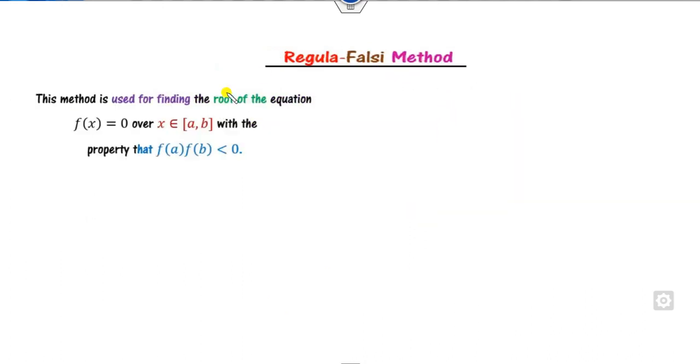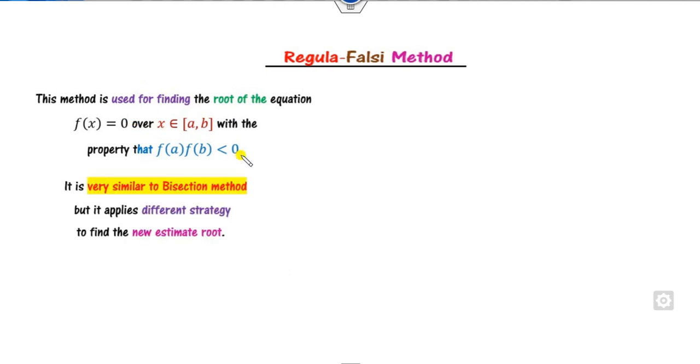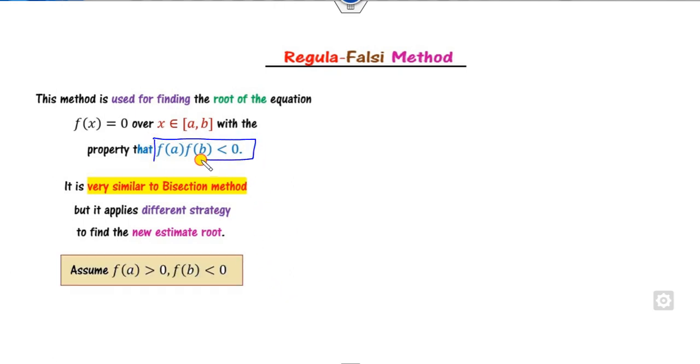Now the Regula Falsi method is again used for finding the root of the equation using the intermediate value theorem. So it is similar to the bisection method, but the only difference is that it applies a different strategy to find the new estimated root. Since it is given that f(a) times f(b) is less than 0, I assume that f(a) is greater than 0.